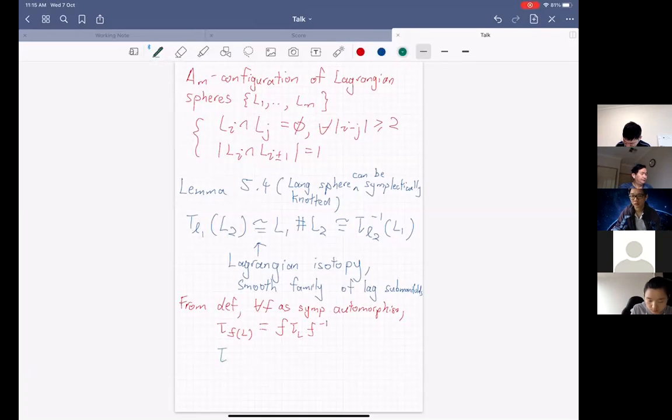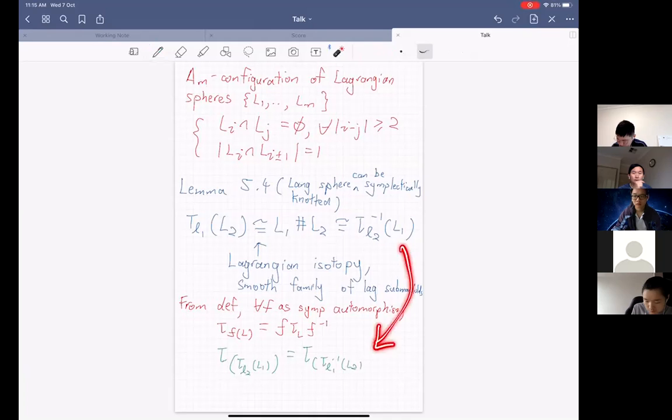So tau of L2 on L1, tau of T L1, so let me write the embedding notation. So inverse of L2. Okay, so this twist I get from this lemma here.